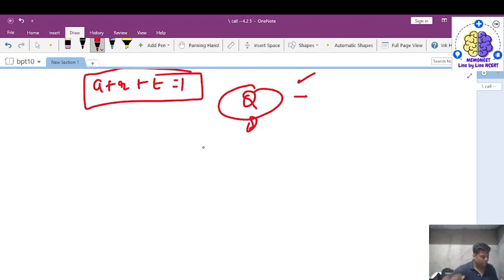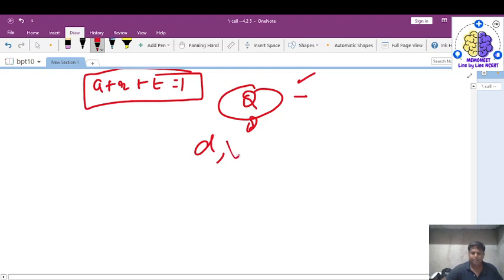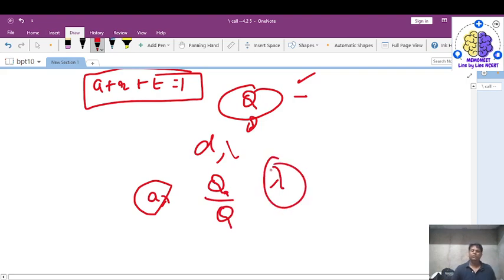That is, A lambda. It is the amount of heat absorbed upon the total heat supplied for a given wavelength of light, and this is known as your absorptive power, right?